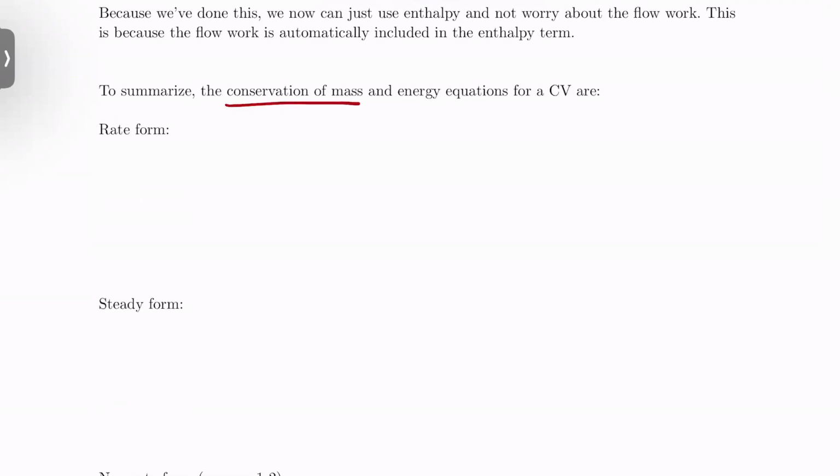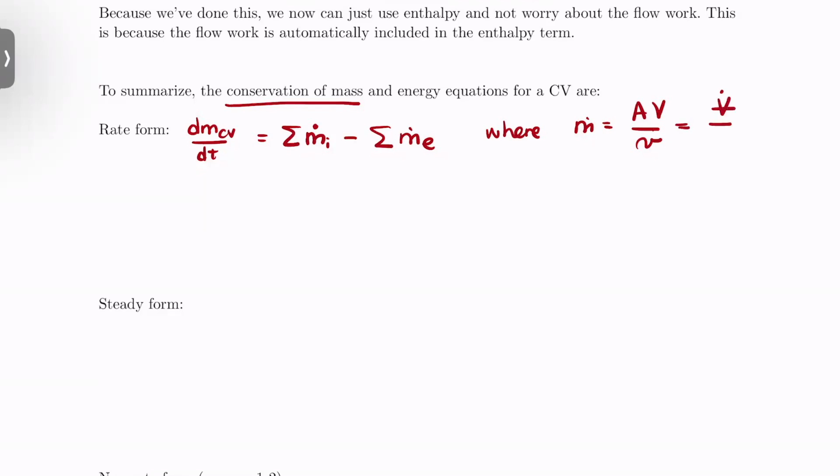So we have that the time rate of change of the mass in our control volume is equal to the sum of the inlets, the rate of mass flow in the inlets minus the mass flow rate in the exits, where m dot is equal to A V over specific volume, or V dot over specific volume, where this V dot is the volume flow rate. And then of course, this is the mass flow rate.